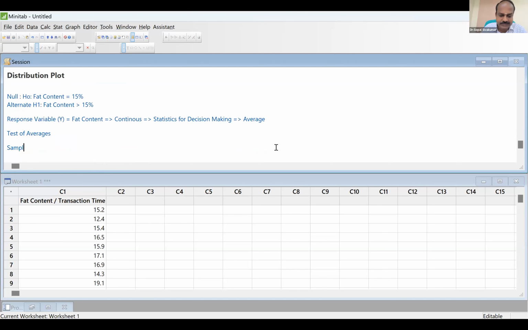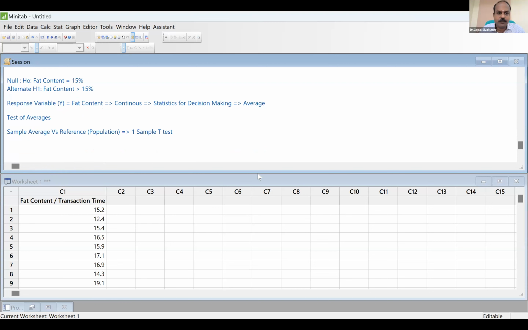Now I compare the sample average against the reference or population, and this clearly lets me understand the test is a one sample t-test. Am I correct? Yes. So I have to perform it now.